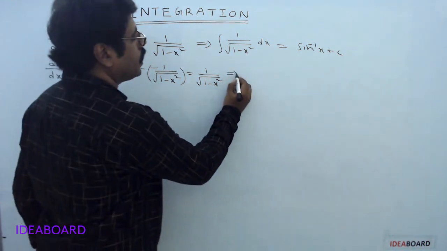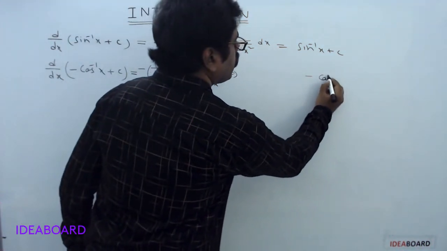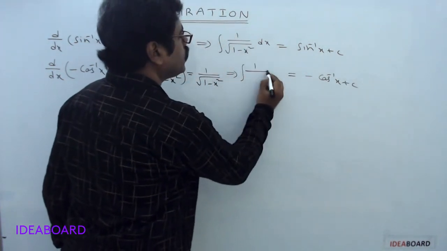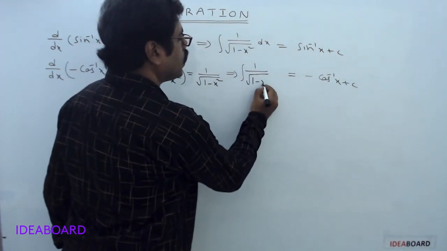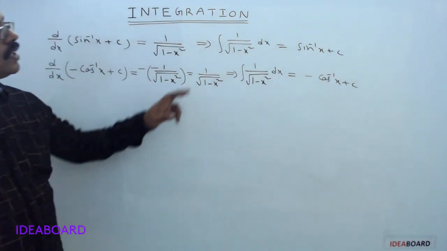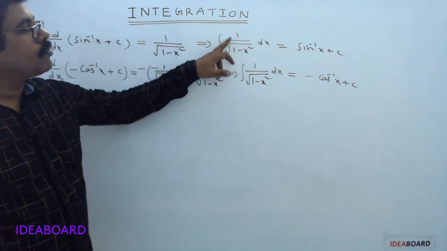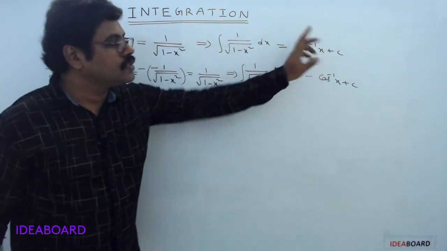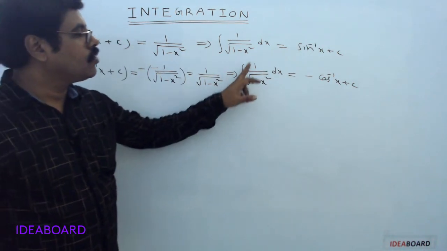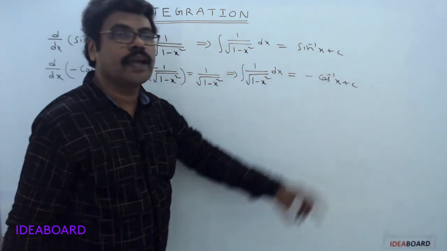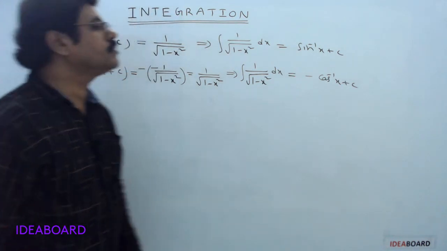It can be written as minus cos inverse x plus c equals to integral 1 by root of 1 minus x square dx. See here, integral 1 by root of 1 minus x square dx equal to sine inverse x plus c. Integral 1 by root of 1 minus x square dx equal to minus cos inverse x plus c.